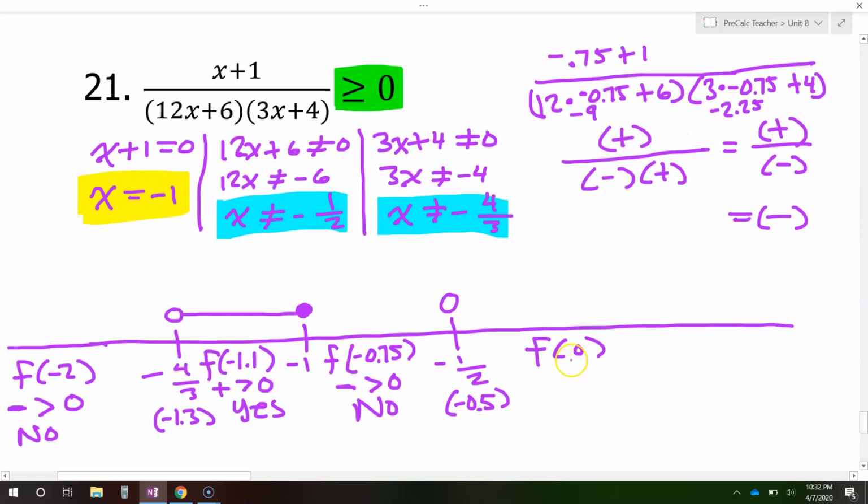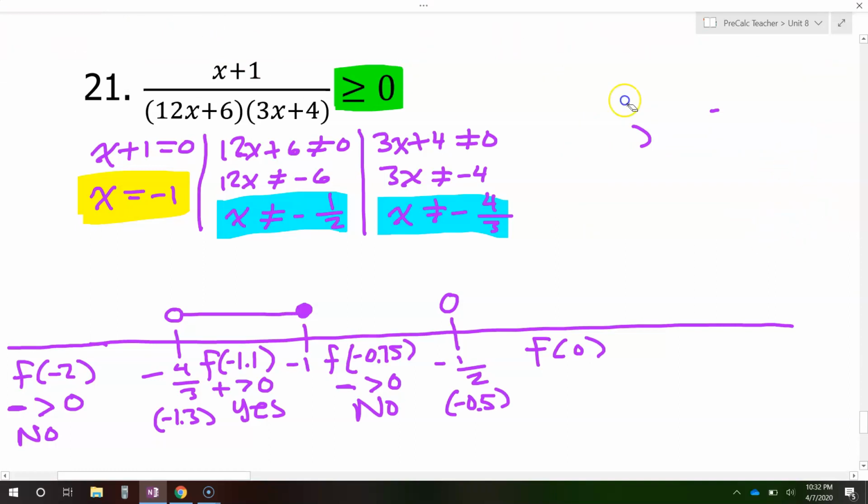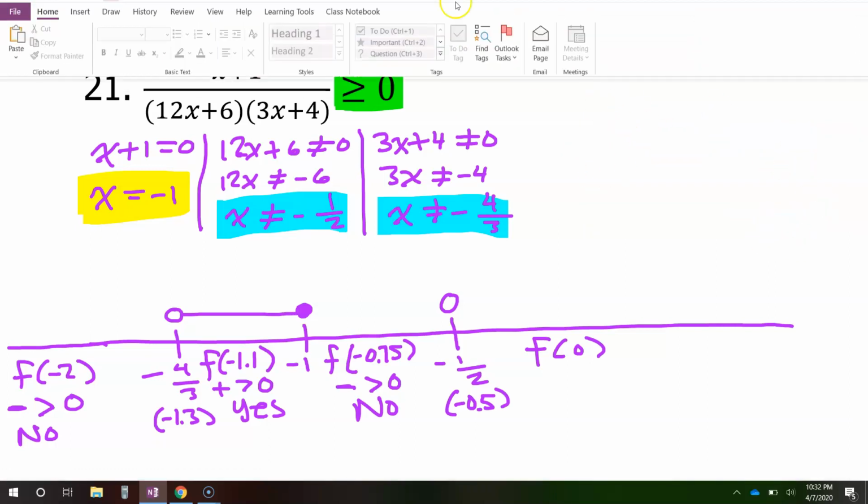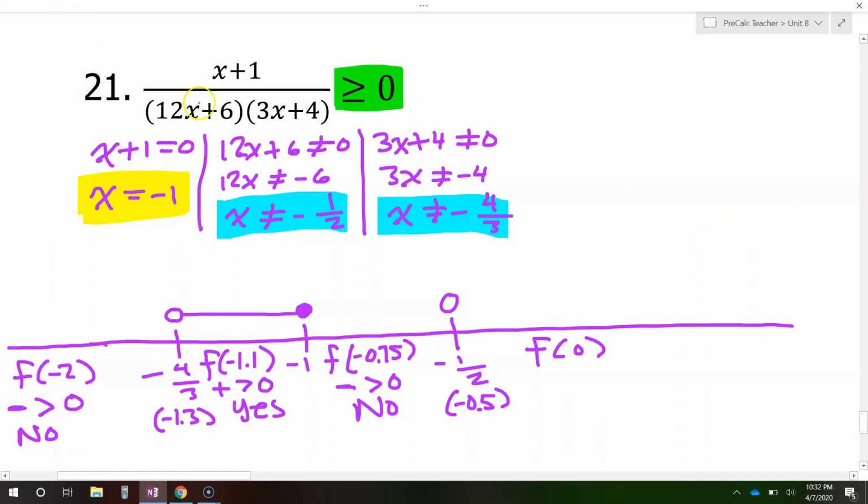Thankfully, the last one is easy. In fact, I don't think we even have to show the work over here because we can just use our common sense in this area. If we put 0 in for all the x's, that really wipes out this whole term and this whole term.